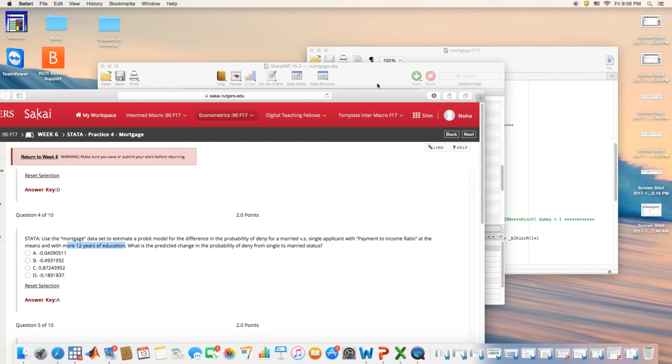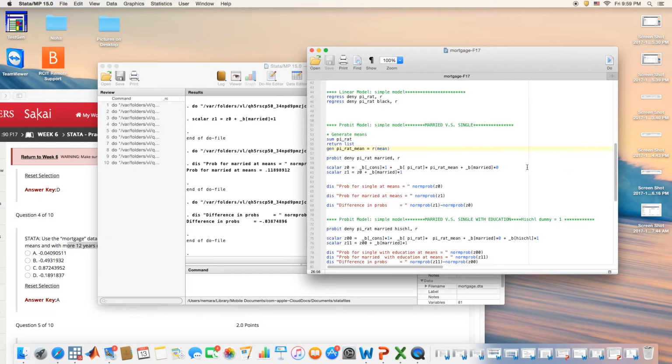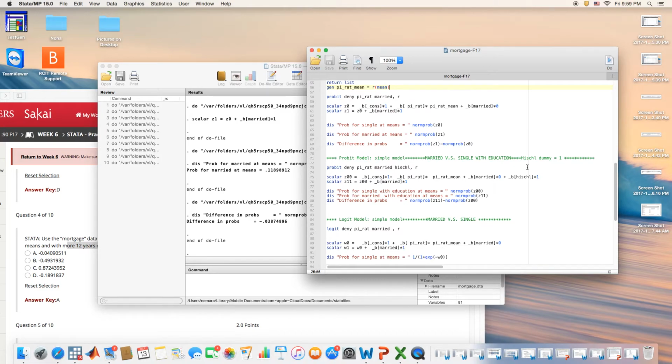So you can run this one here. I have the variable high school. The variable high school is a dummy variable that takes one if the person has 12 years of education or more, and then you multiply the coefficient times 1. The question is just asking you about the change, kind of this part only.